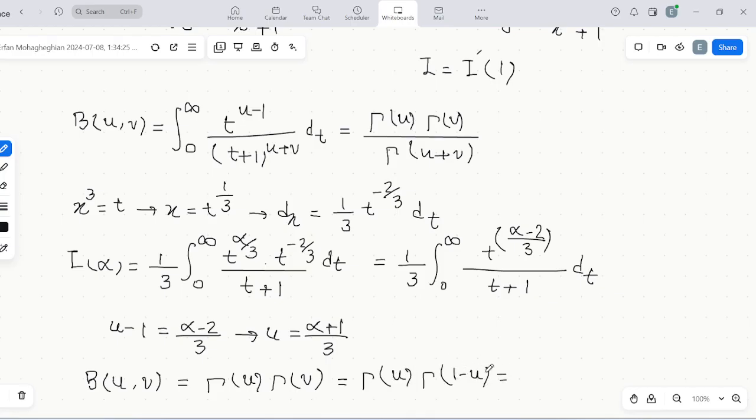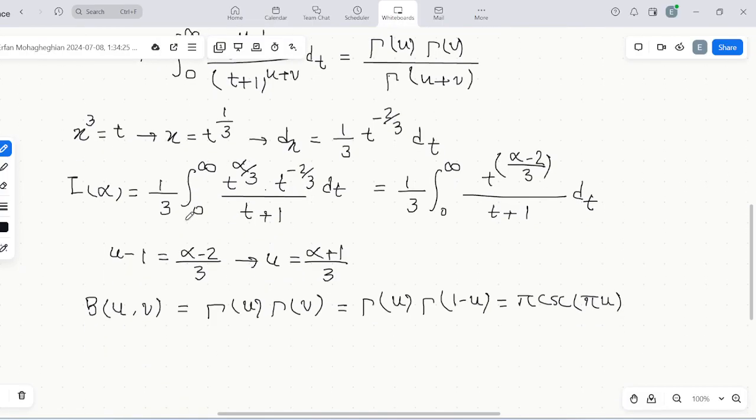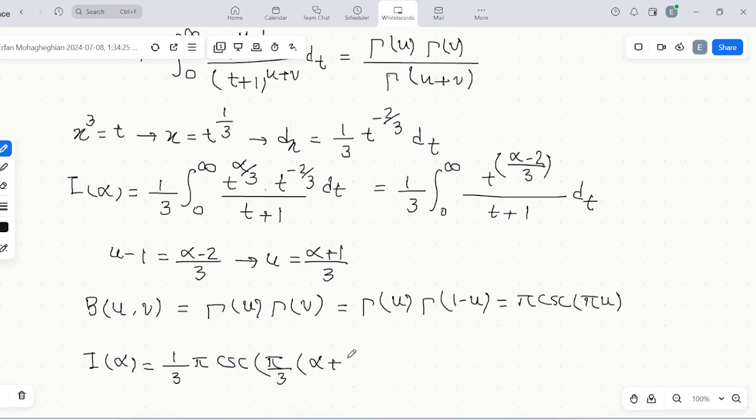Then using Euler's reflection formula for the gamma function, we can write this as pi times cosecant of pi u. So finally, I can write I of alpha as 1 over 3 times pi times cosecant of pi u, where u is alpha plus 1 over 3.